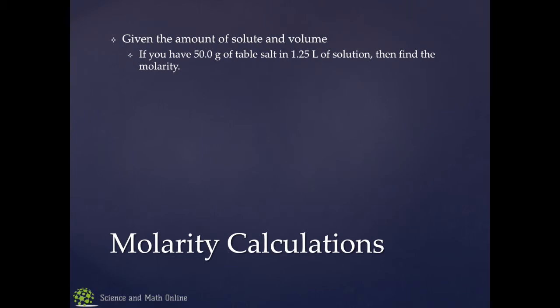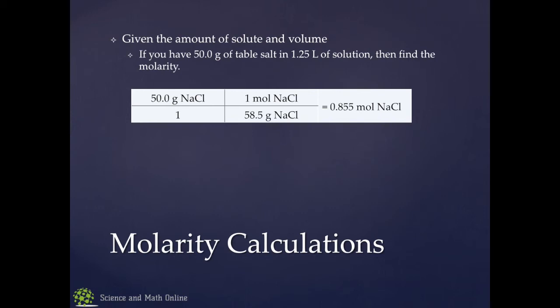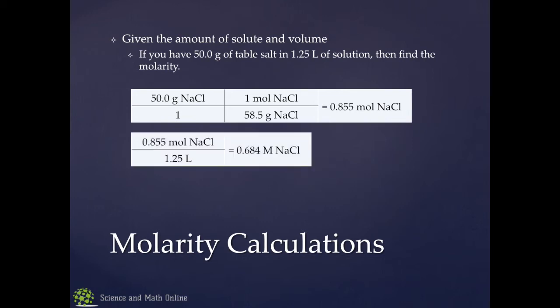So I need to convert that grams to moles because I need to be in moles. That should be pretty common sense by now, hopefully. So use a molar mass, convert it to moles, and then you simply take your moles, divided by your liters, and you get your molarity. 0.684 molar NaCl, or you would say that it has a molarity of 0.684. You could say it that way.